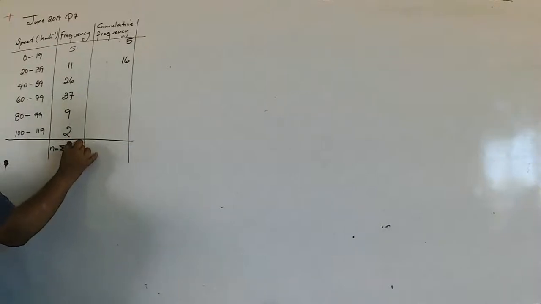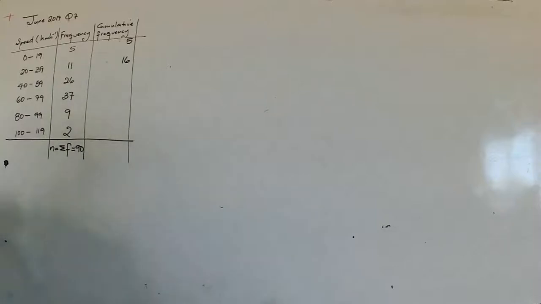So how many vehicles pass checkpoints? How many speeds did I record? 19 values. N, which is the number of values, is equal to the sum of the frequency, which is 19.